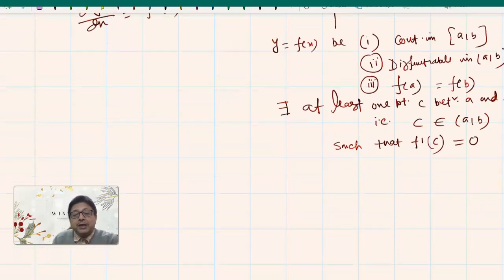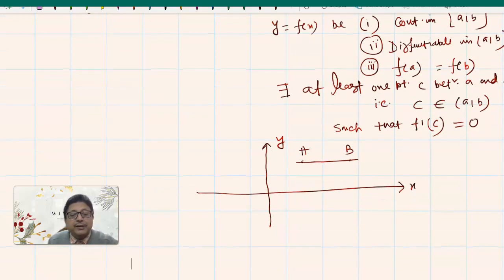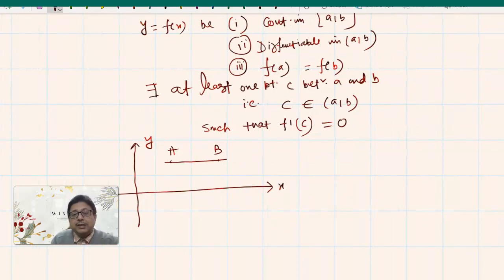Before doing that, as we are discussing some graphical concept, let us discuss whether Rolle's theorem is applicable for these functions or not. The graph of function we have drawn in this manner. These are 2 points on the graph, A and B. Obviously, this is a horizontal line. You have to decide whether you can apply Rolle's theorem here or not. Is Rolle's theorem applicable here? And the next curve is like this.